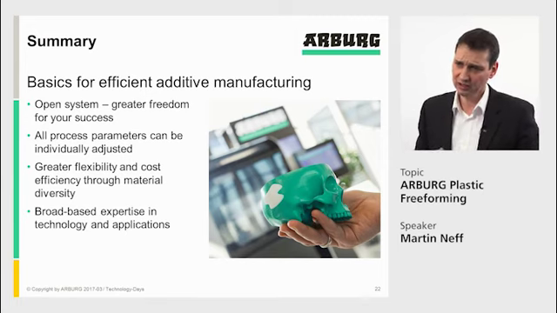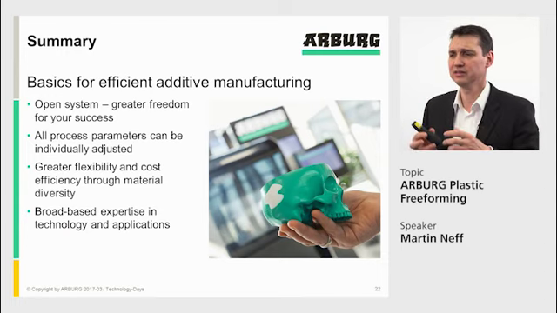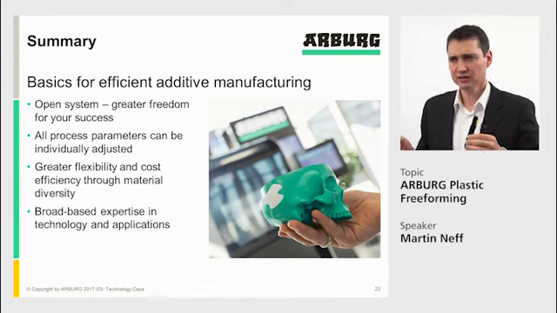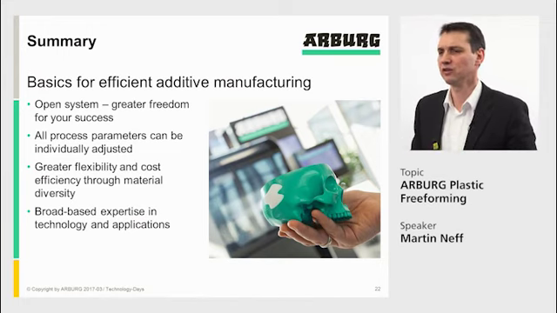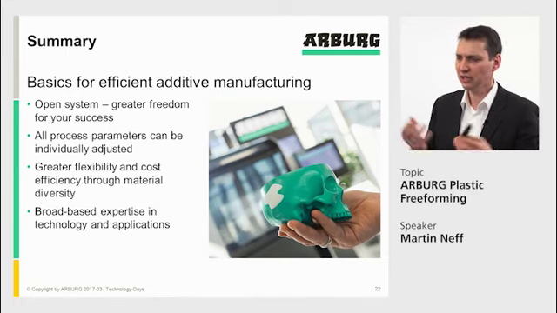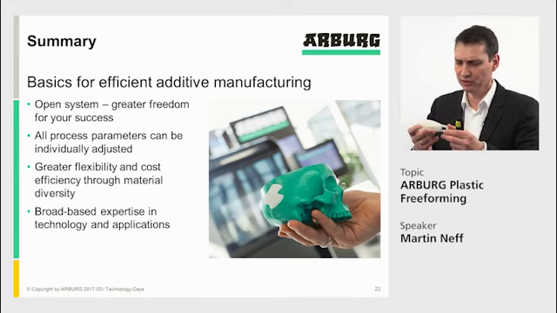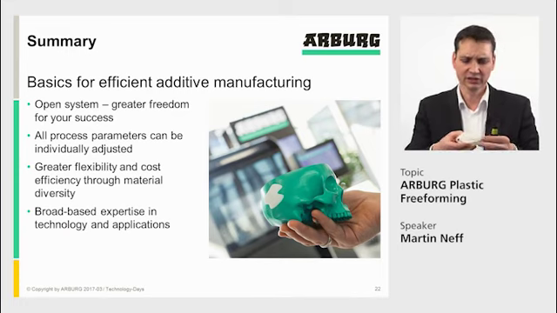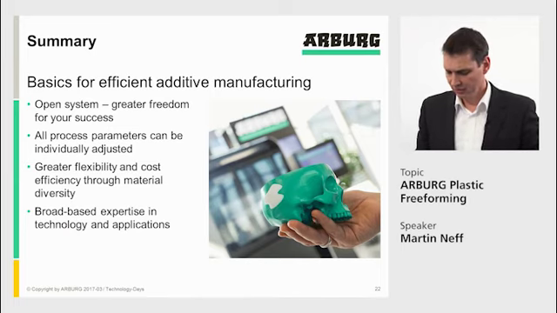Also key is that you have freedom in selecting the right material. That gives you larger flexibility and is also more cost efficient. Of course, it is a new process, and therefore technology and application experience is needed, but that can be learned, and our team is helping you in that regard.